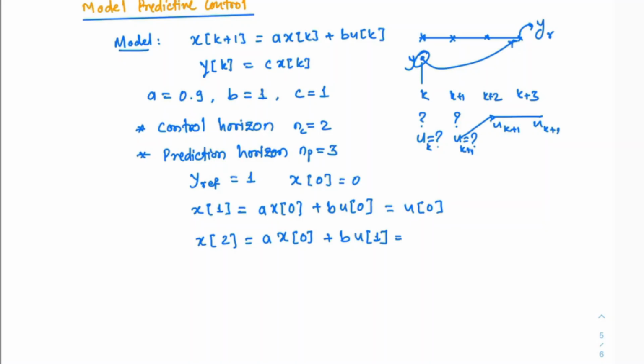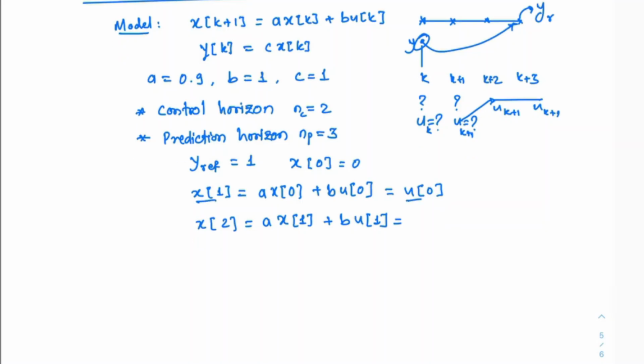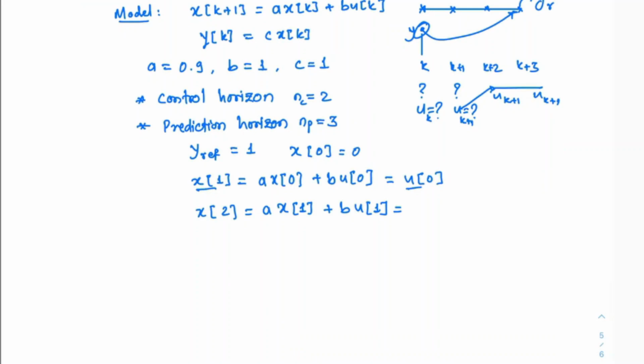Sorry, this would be x of 1 and b into u of 0. So what was x1? It was u0. If we substitute it here, this would be a into u0 plus b into u1. We know the values of a, which is 0.9, and b is 1, so u1.